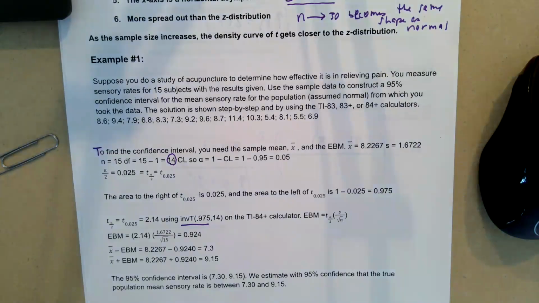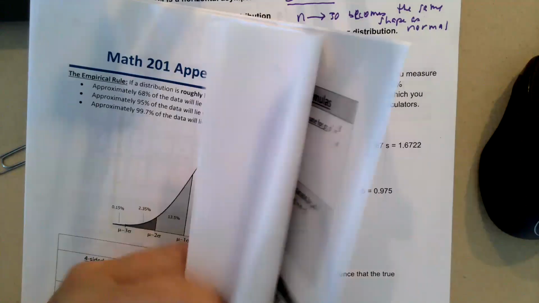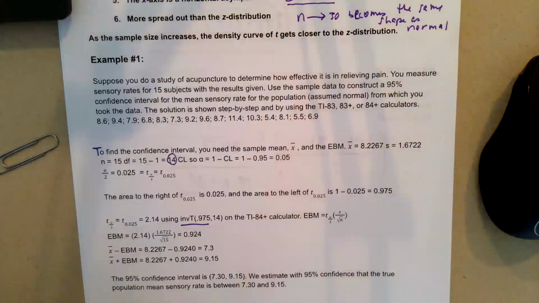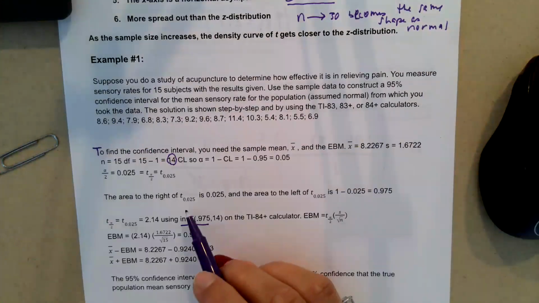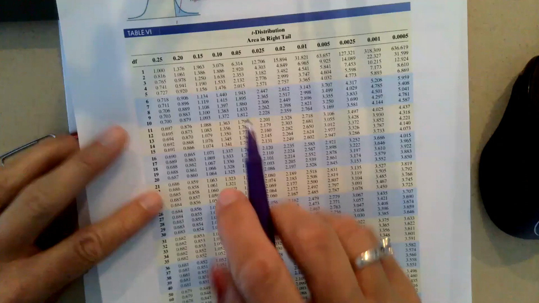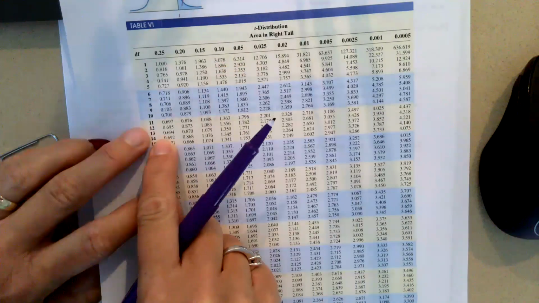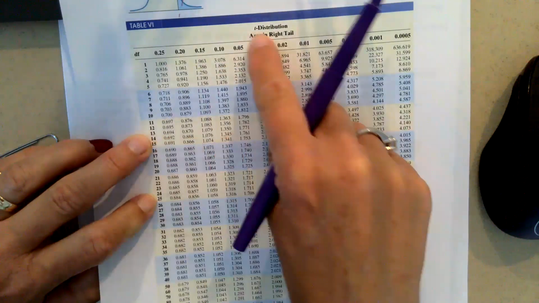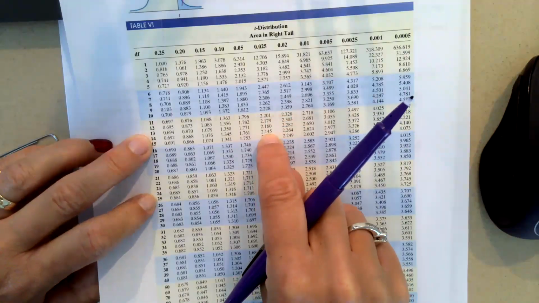We can also use our formula packet, just like we did for the normal curve. We take our area 0.025, go to the top at 0.025 and then down to the degrees of freedom, row 14, and there we get 2.145.